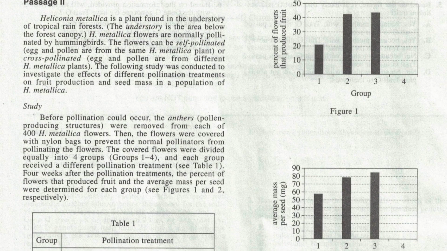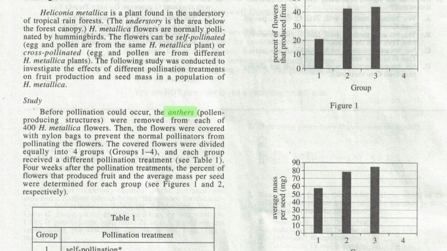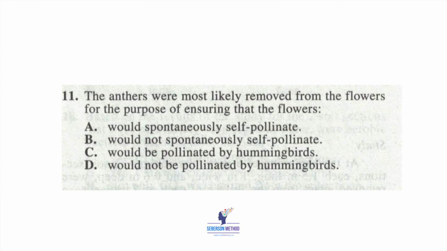So we're scanning for the word anthers, and then before pollination could occur, the anthers, pollen-producing structures, were removed from each flower. Then the flowers were covered. How can we find out why they were removed? Well, let's go up, and maybe there's something else about it. The flowers can be self-pollinated or cross-pollinated. So why were the anthers removed? Because they wanted to prevent self-pollination. So the answer is B.